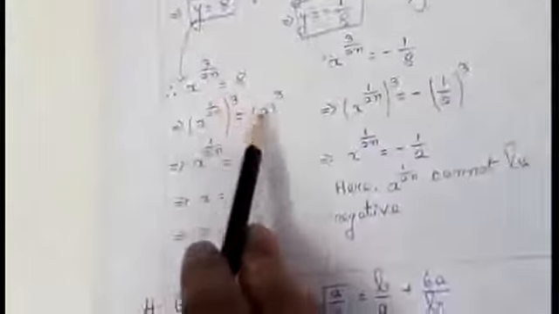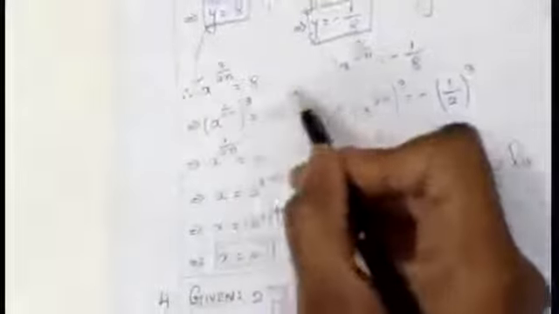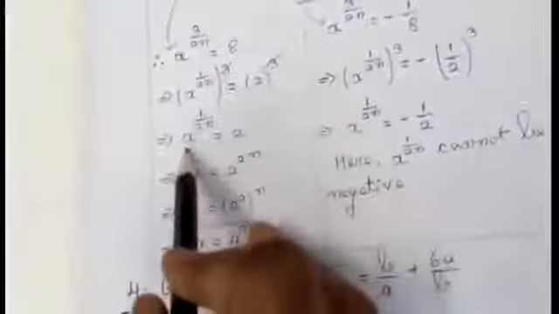by 2n can be written as x to the power 1 by 2n whole to the power 3. This 8 I'm writing as 2 cube. So what happens? These power 3s will get cancelled. What is remaining? x to the power 1 by 2n equal to 2. I want to find the value only for x.